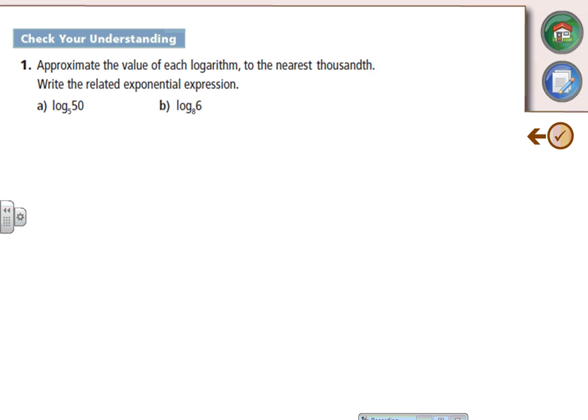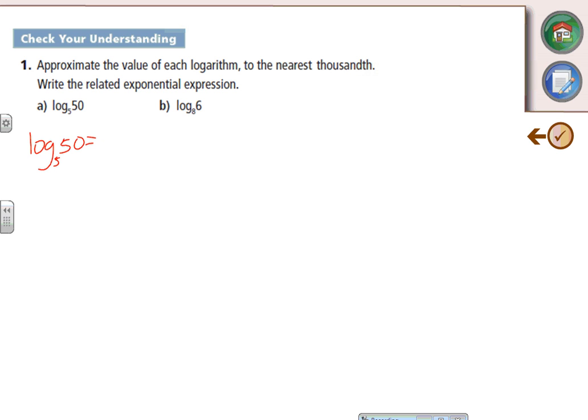Let's use our calculators. We're going to approximate the value of each, which really just means punch into your calculator, get it to a decimal, round your answer. And we're going to the nearest thousandth. And also write the related exponential expression to go with that. Well, log base 5 of 50 is equal to... We're going to take it to base 10 because that's what we can use in our calculator.